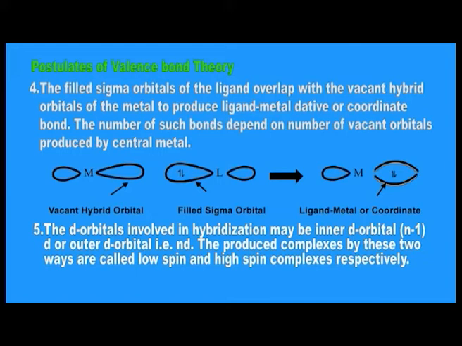The d orbitals involved in hybridization may be inner d orbitals or outer d orbitals, that is either n-1 d or nd. The complexes produced by these two ways are called low spin and high spin complexes respectively.